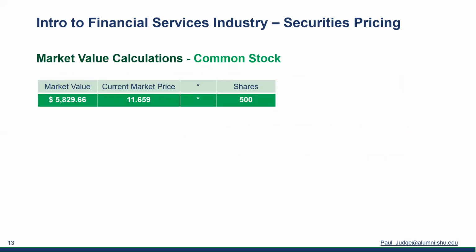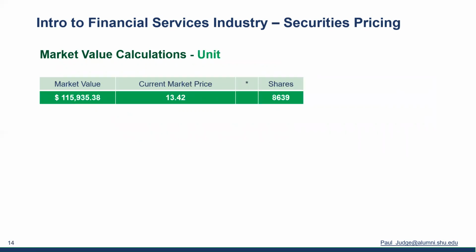Now, for a common stock, it's easy. It's the number of shares times the current market price. If I have 500 shares and the current market price is 11.659, then the market value is 5,829.66.